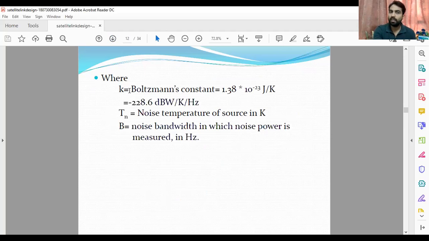Here we have K as the Boltzmann constant, Tn as the noise temperature, and B as the noise bandwidth, and all of these can be related with each other. The power is proportional to T. So whatever the temperature rise may be, according to that temperature this particular receiver will show how much noise is being generated. Exactly the important part.